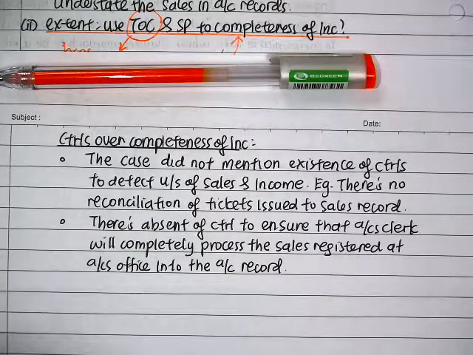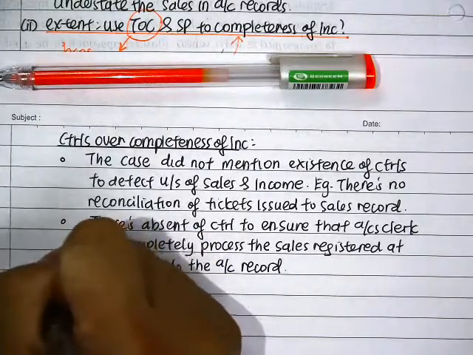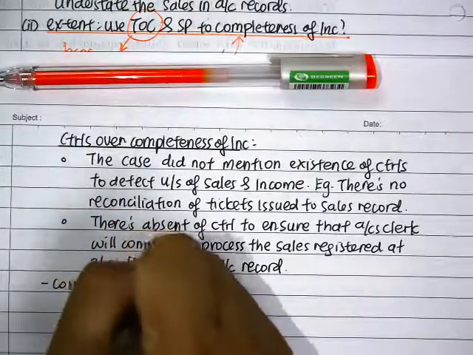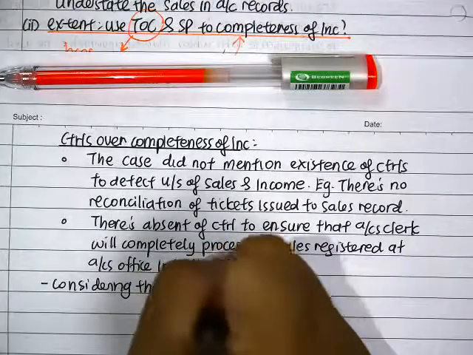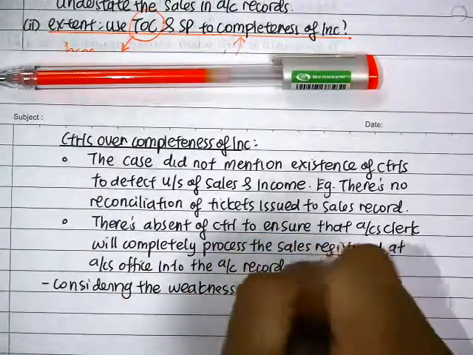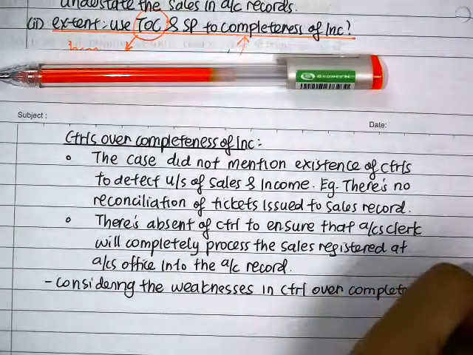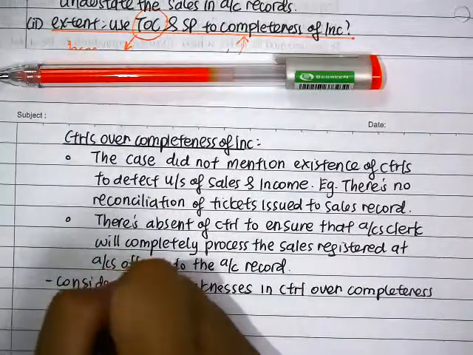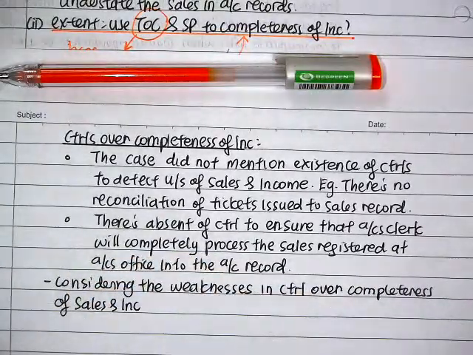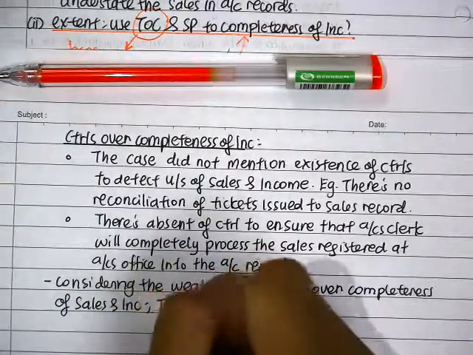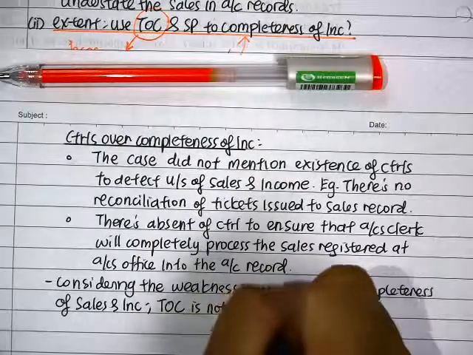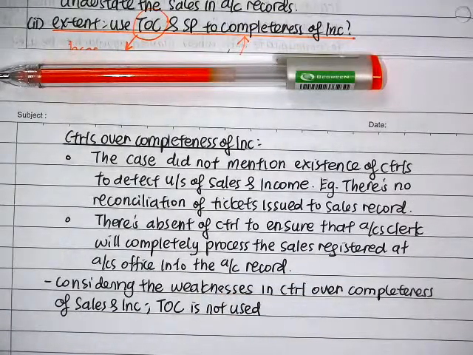So if you think the control is not good, then what do you conclude about the extent of using TOC? Now, the extent is no. We will not use TOC. Yes or not? So in this case, considering the weaknesses in the control over completeness of sales and your income, TOC is not used.